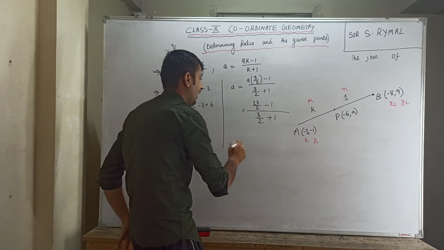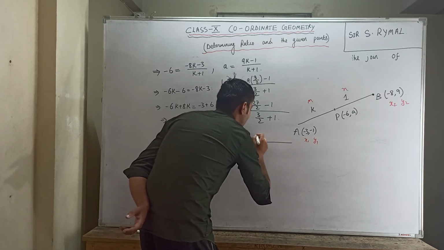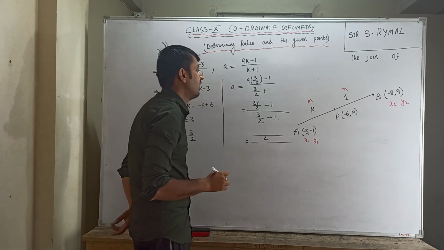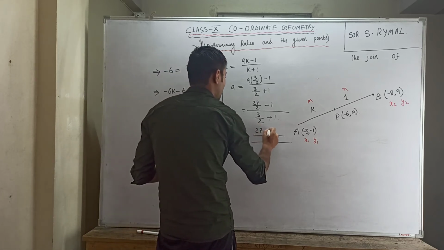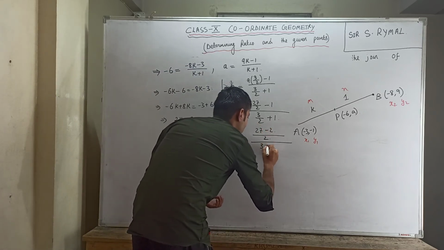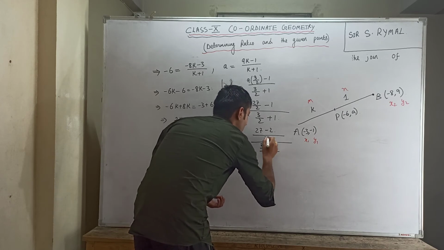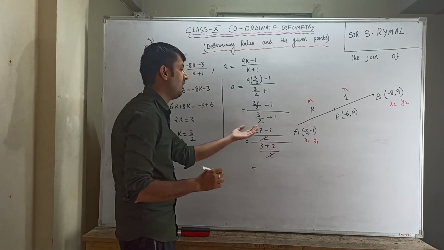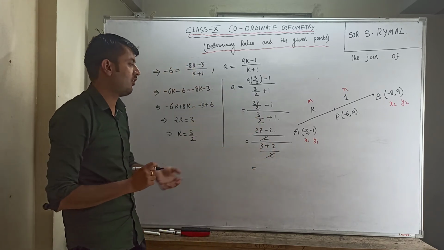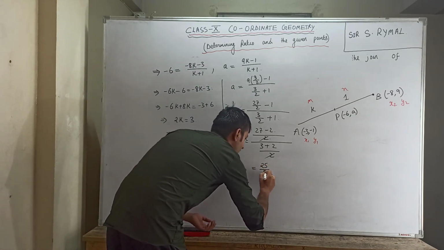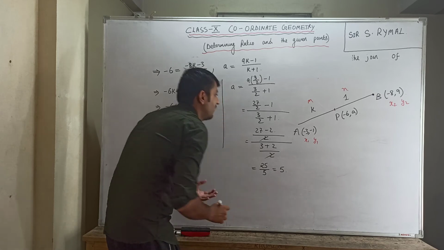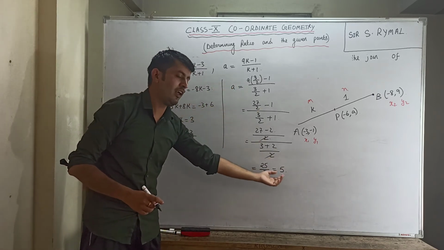Find out the LCM. LCM is 2. Then the numerator will become 27 minus 2. Then here 3 plus 2 by 2. 2 you cancel it. So you got 27 minus 2. 27 minus 2 will be how much? 25. 25 by 5. So how much you got? You got 5. That means you got the value of a as 5.